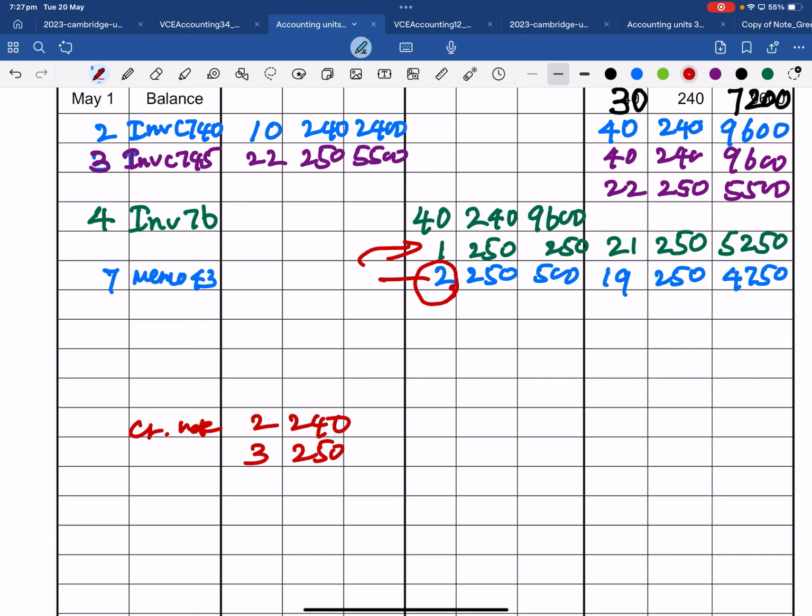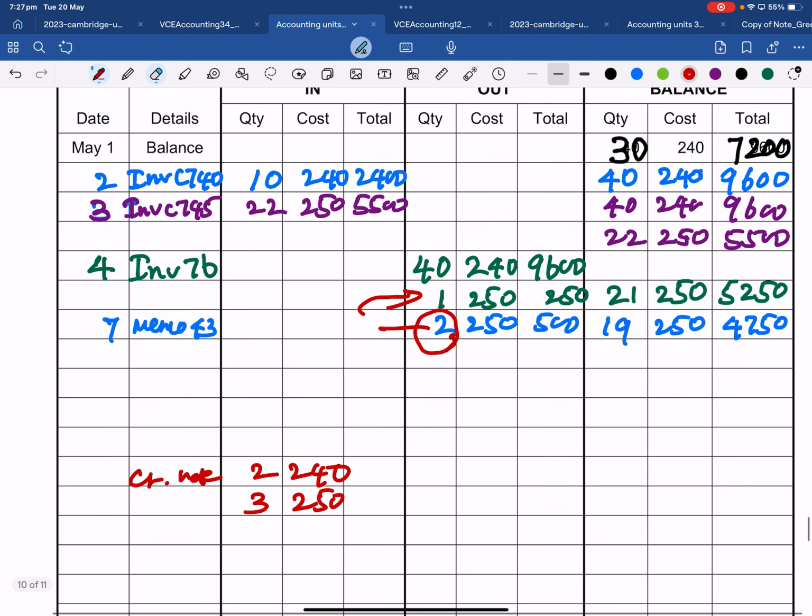Okay, now I'm going to rub this one. Now see, on the 4th, he purchased 41 and he returned 5, meaning effectively how many did we sell? 36. That's the story. Now assume in the first instance, I'm going to write the balance as well.